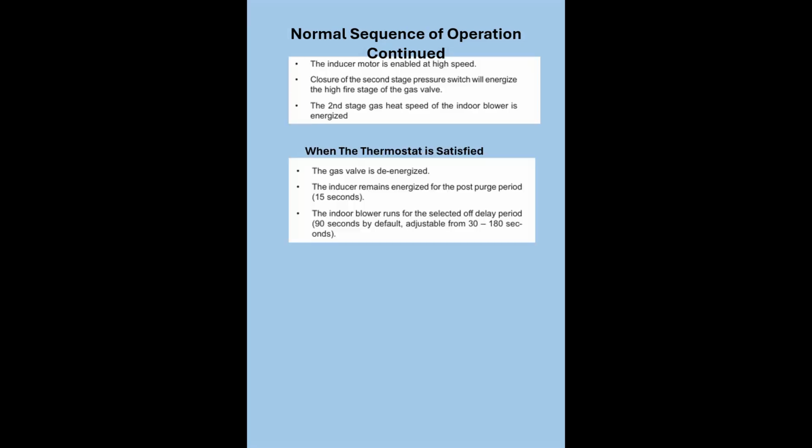And this just shows some more of that, when the thermostat's satisfied, what's going to happen, because remember, the sequence of operations is the startup, the operation, the shutdown, and anything that happens in between, going to second stage or something of that sort.